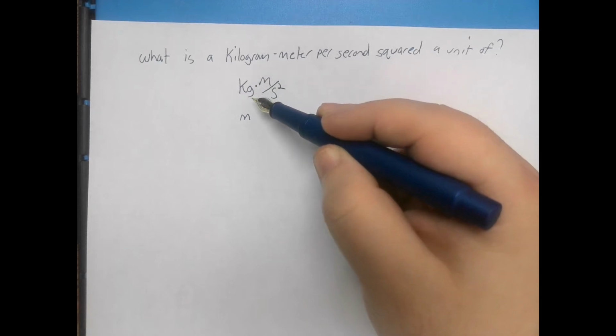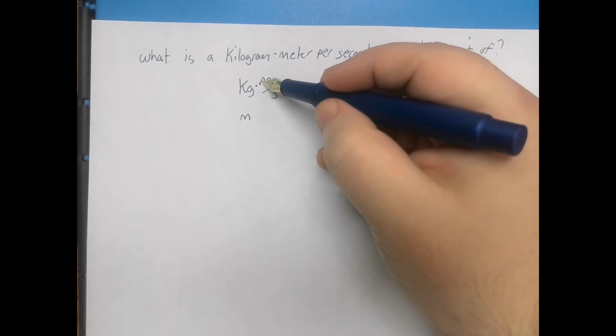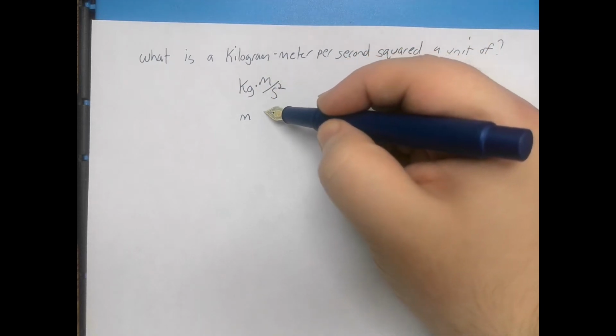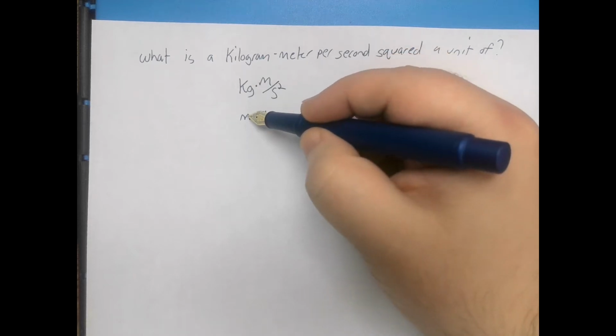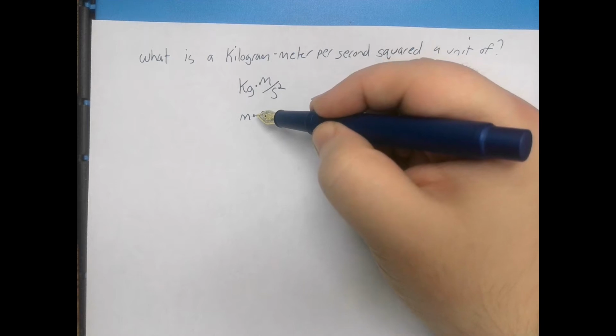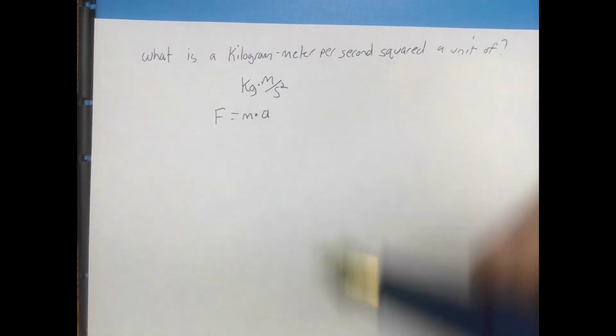You usually don't mix your variables and units. So meters per second squared is acceleration. So it's mass times acceleration. What is mass times acceleration equal to? Force.